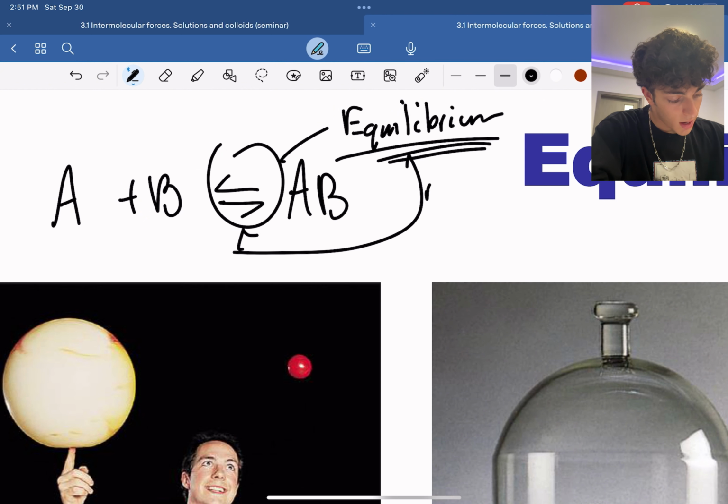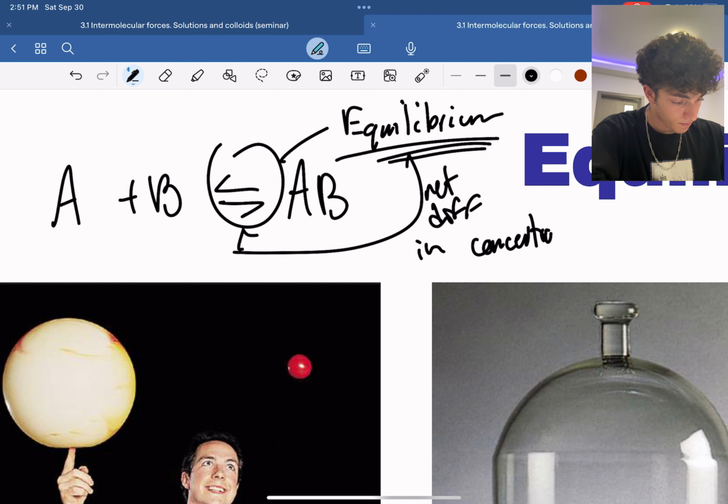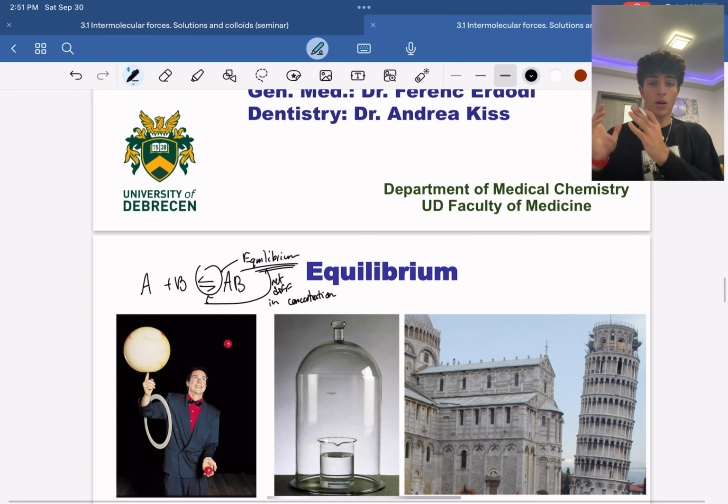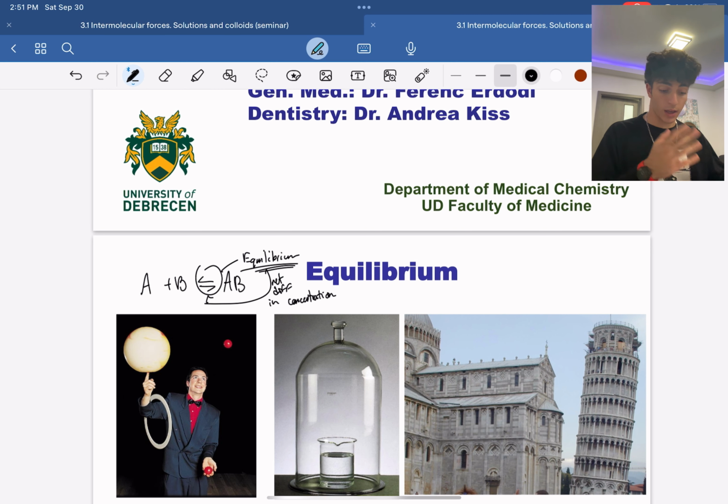It means there's no net difference in concentration. Now, what does that mean? That means the concentration of reactants and products remain the same. They don't change, but the reaction still takes place, you know? A plus B still goes to AB and AB still decomposes to A plus B, right?